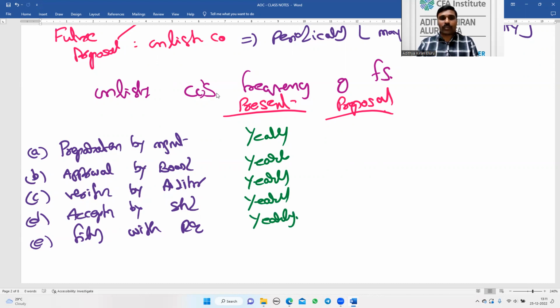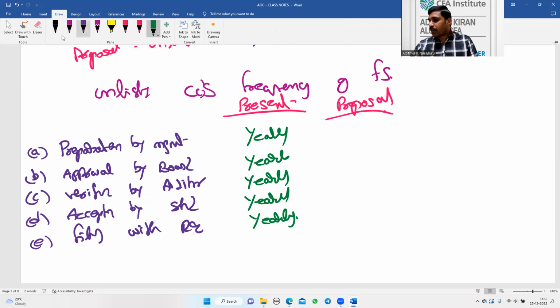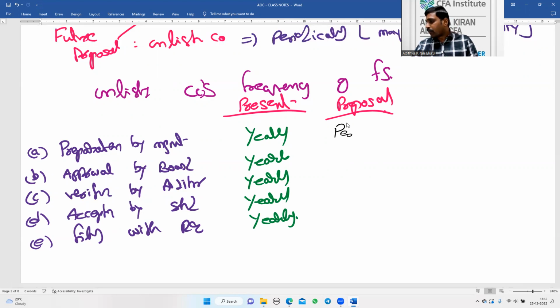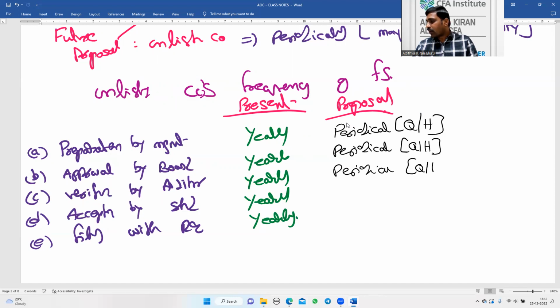But in the proposal, preparation will be periodical, maybe quarterly or half yearly. Approval by board is also periodical, and verification by auditor is also periodical, quarterly or half yearly.